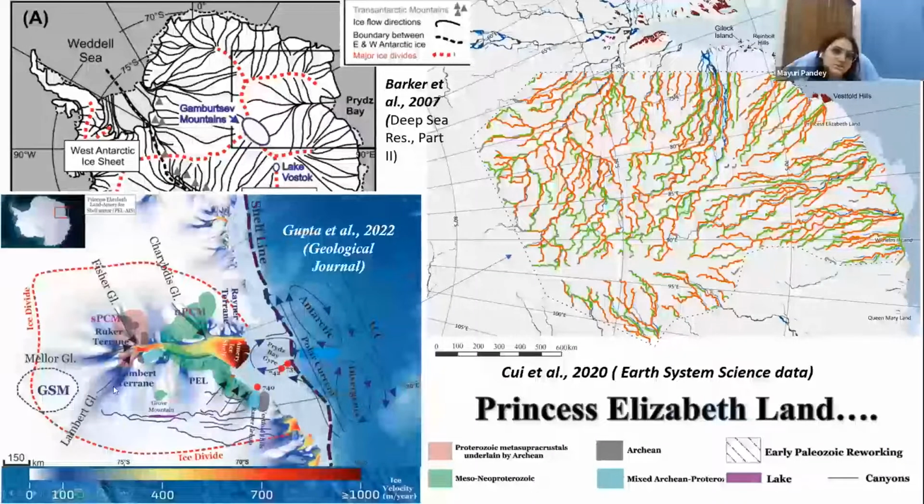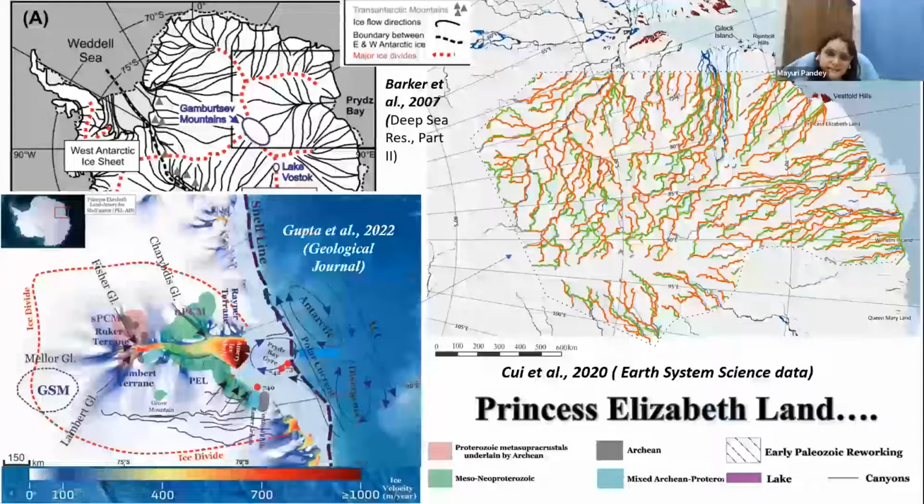Along with the subglacial canyon, recent work has also shown that there is an extensive network of subglacial flow which comes from the interior of the PEL terrain to the coastal areas of Prydz Bay.